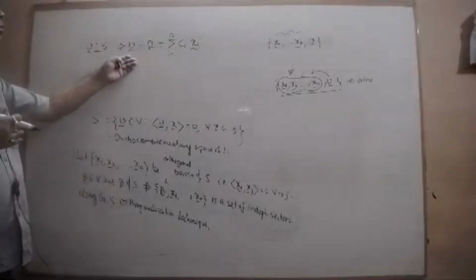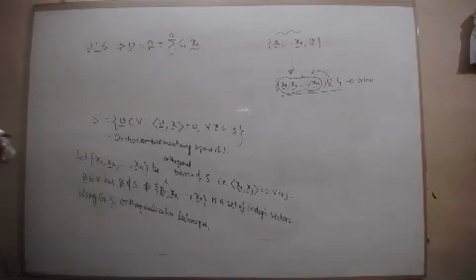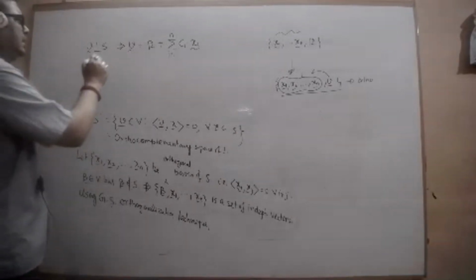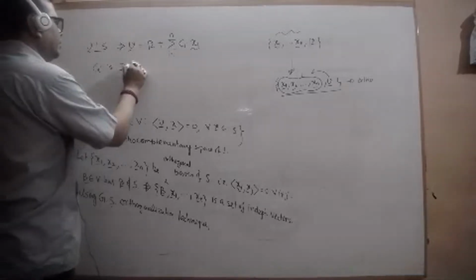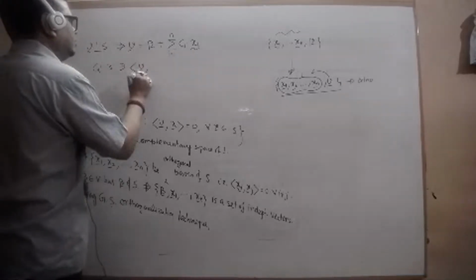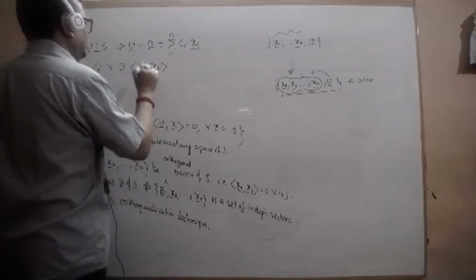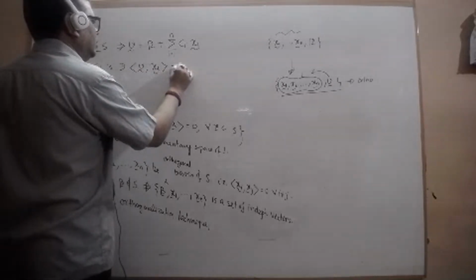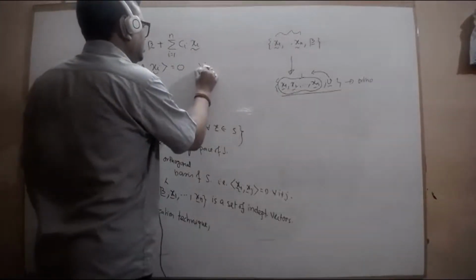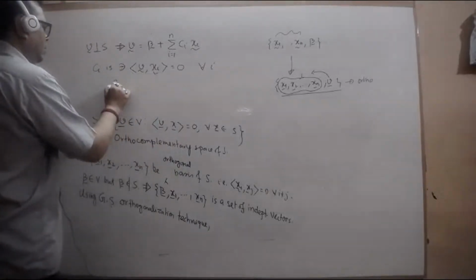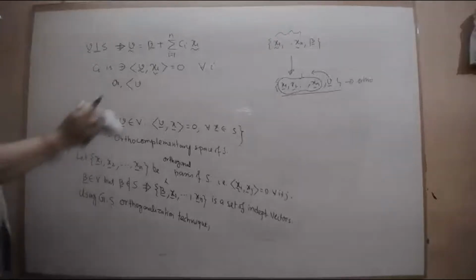According to the Gram-Schmidt technique, you write v curve as beta curve plus the sum of Ci xi curve, where Ci is such that v curve is orthogonal to xi for all i.